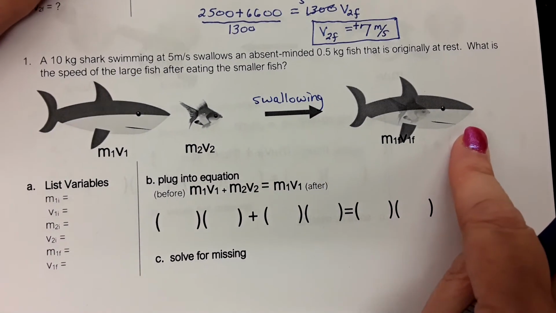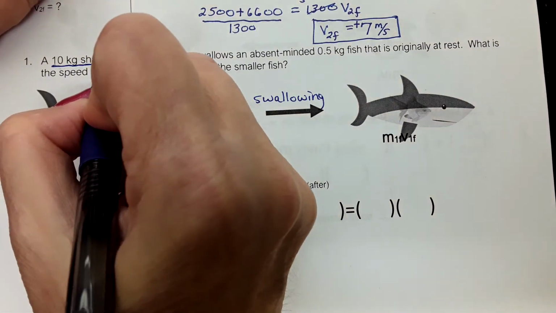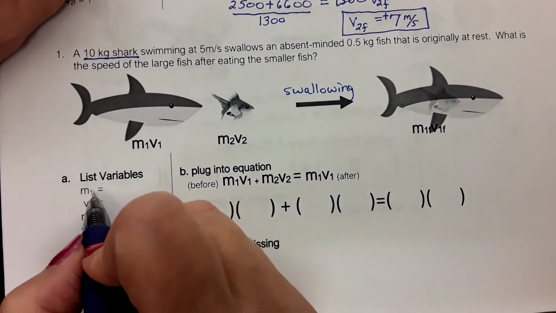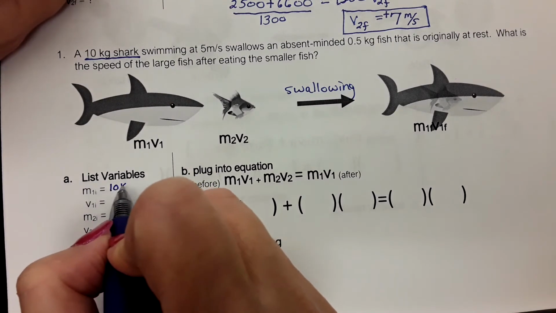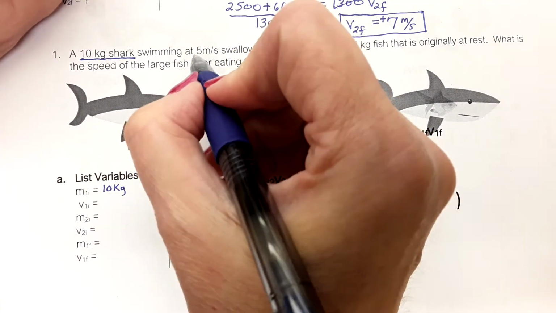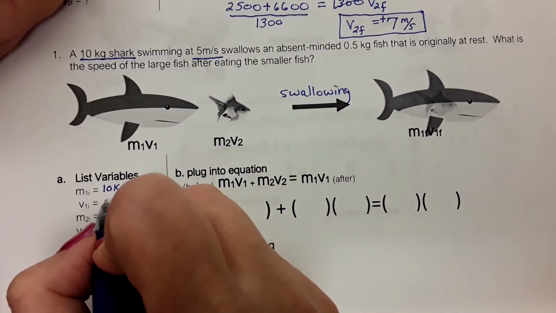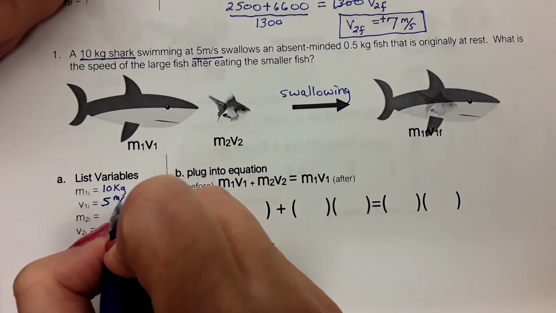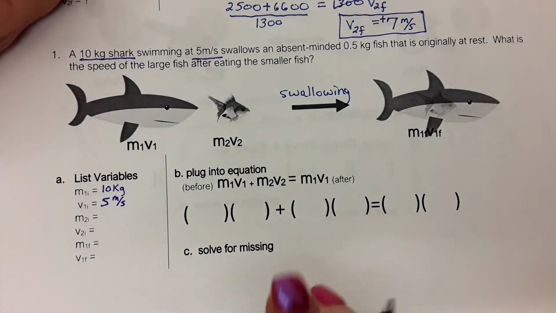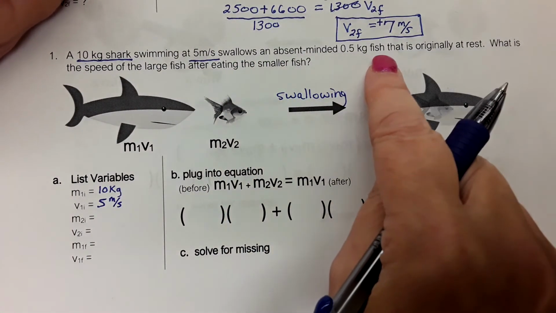Okay? Now, look what they tell us. We have a 10 kilogram shark. All right? So we're going to call that mass 1. So we're going to put 10 kilograms right there. It's swimming right now at 5 meters per second. So that's its initial velocity. So for V1 initial, we're going to put 5 meters per second right there. Now, it swallows an absent-minded half a kilogram fish.